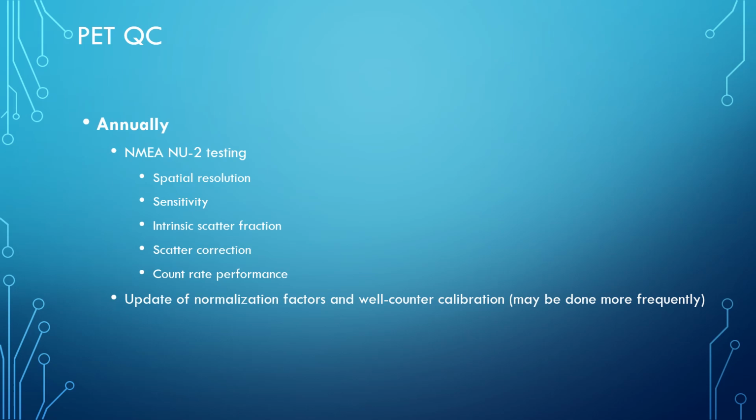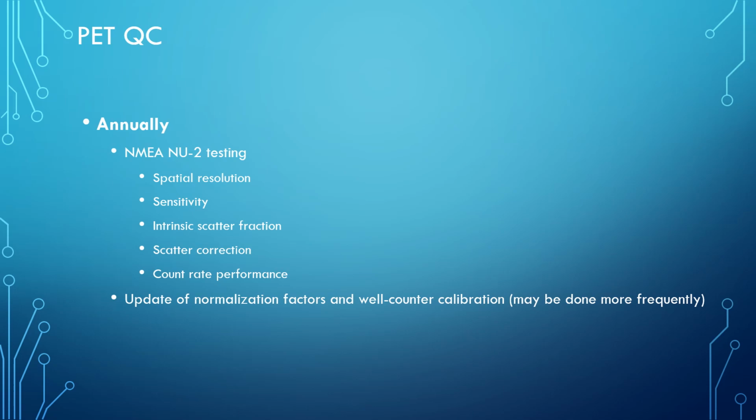In addition to that, there is some PET QC that's done annually. This includes spatial resolution, sensitivity, intrinsic scatter fraction, scatter correction, and count rate performance.